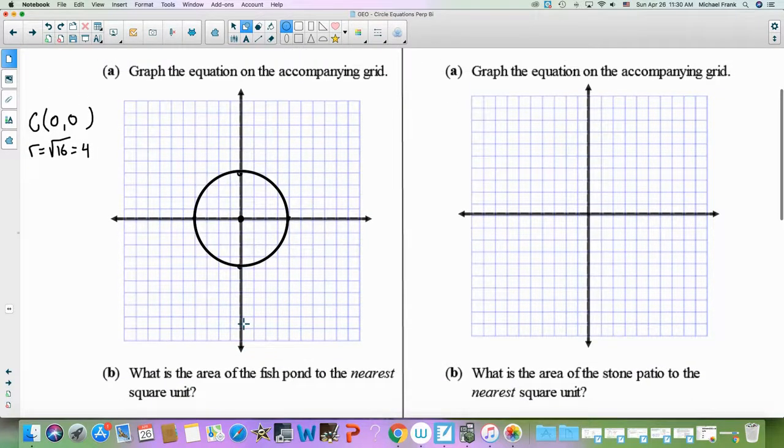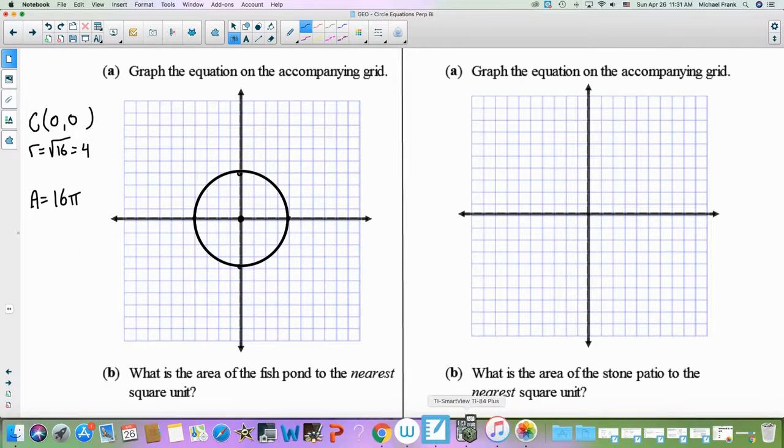What is the area? Well, we just saw that the area will always be equal to what the equation is equal to, which is 16, because that's your r squared times pi. And here again it says to the nearest square unit.